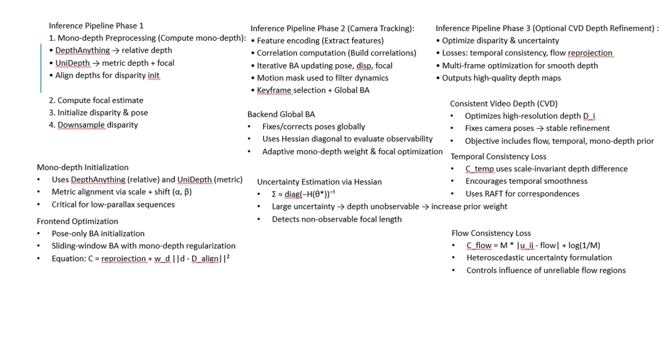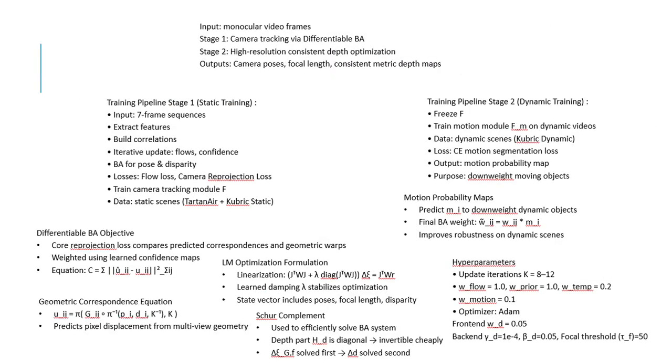Here in phase 3 we use two losses: temporal consistency and flow reprojection. The temporal consistency loss uses scale invariant depth difference, which encourages temporal smoothness, and uses RAFT for correspondences of two frames. The flow consistency loss uses a heteroscedastic uncertainty formulation, which controls the influence of unreliable flow regions. This is the inference pipeline which I have discussed.